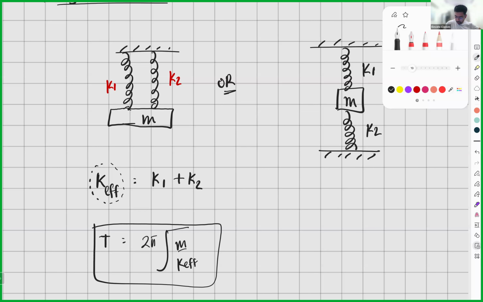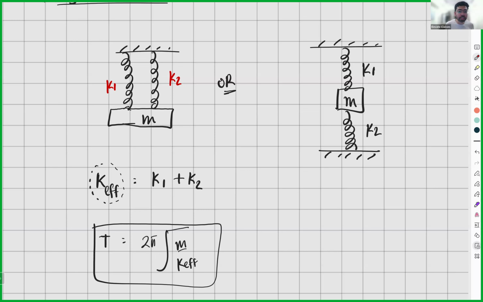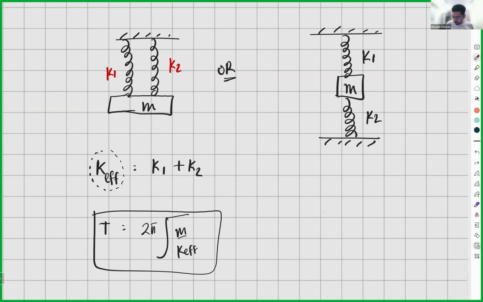Here also, when you displace the system, remember the system needs to be displaced along y. Only then this will be the formula. If you displace along x, I'll give you a homework: if you oscillate this system with small displacement along x.